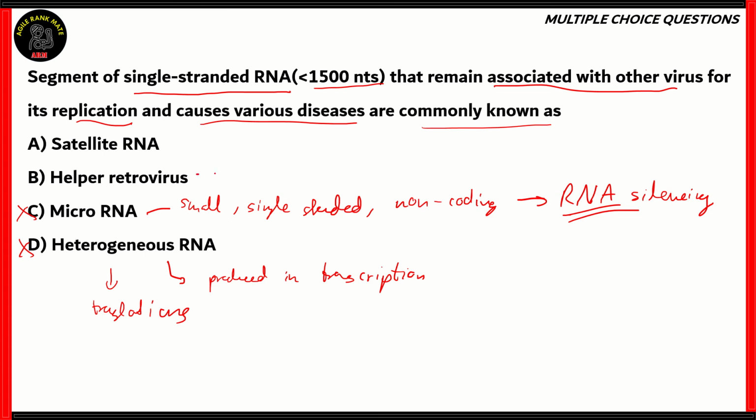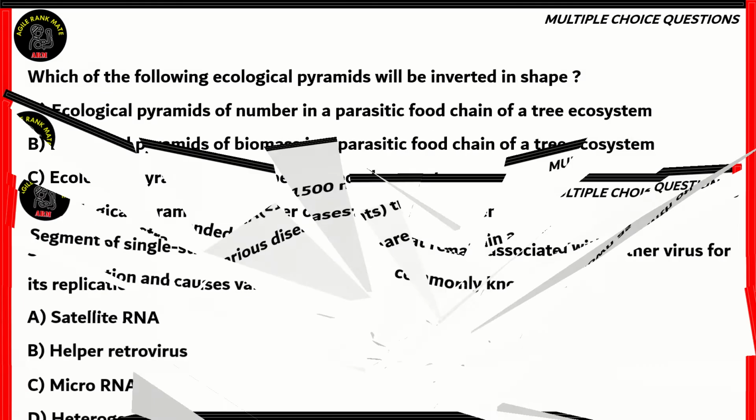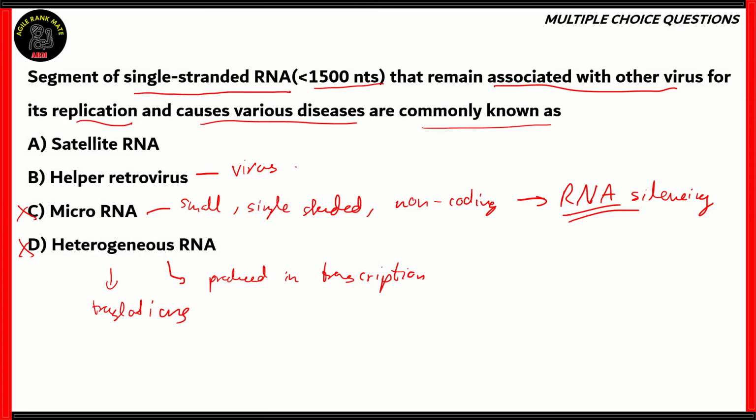Option B, helper retrovirus. What is a helper retrovirus? This is a virus that allows other deficient viruses to replicate.